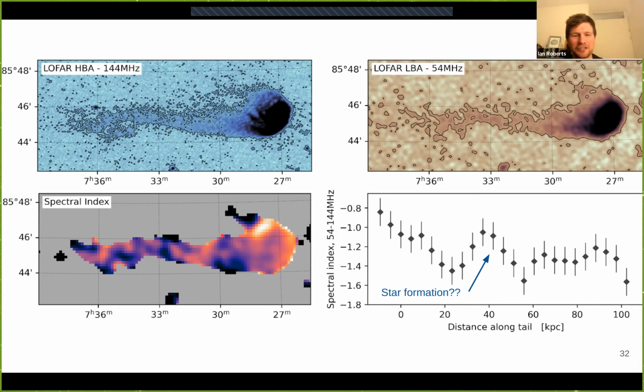The LBA image is still quite noisy, so we have to do a little more work to see if we believe that this is real. But we also are going to try and get H alpha imaging of this whole tail, as that would be a way to look for or rule out the presence of star formation going on in this tail and whether it coincides with this feature we see in the spectral index profile or not.